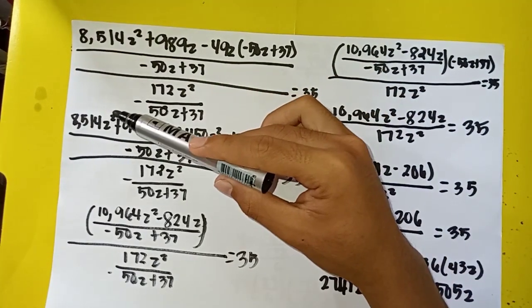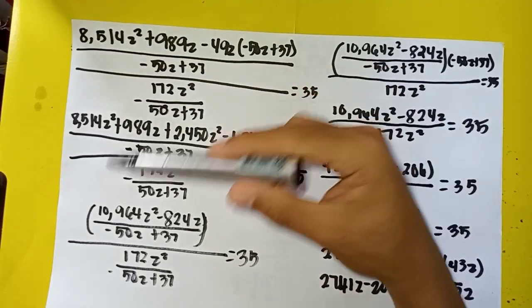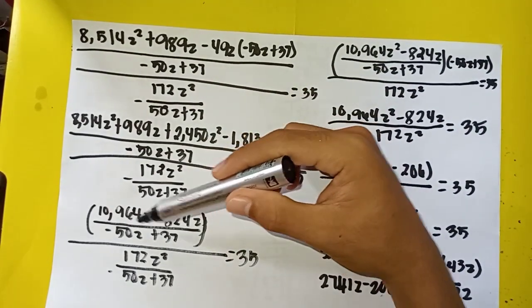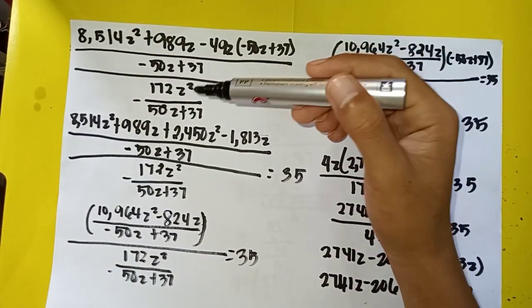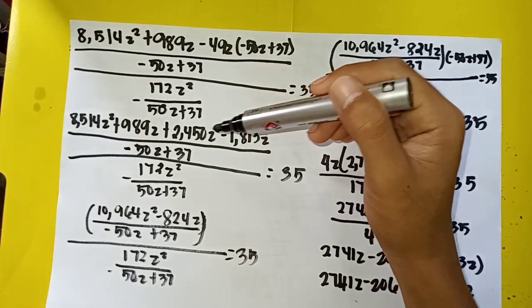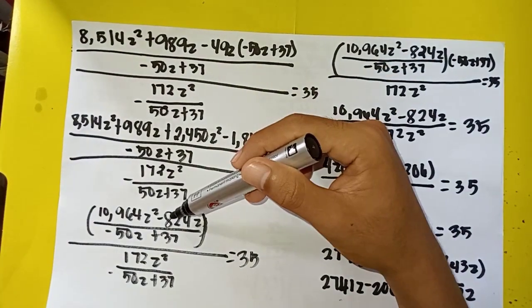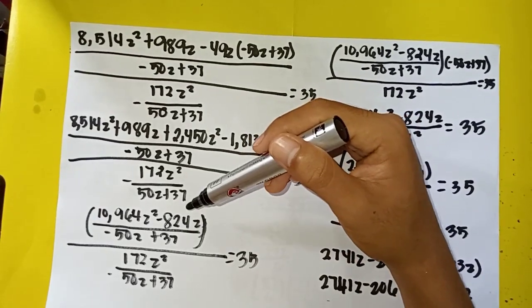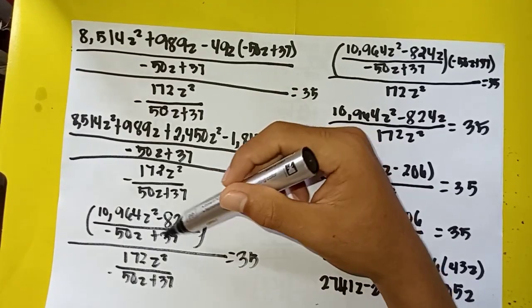So 8,514z squared plus 2,450z squared will give us 10,964z squared. And then 989z minus 1,813z will give us negative 824z.